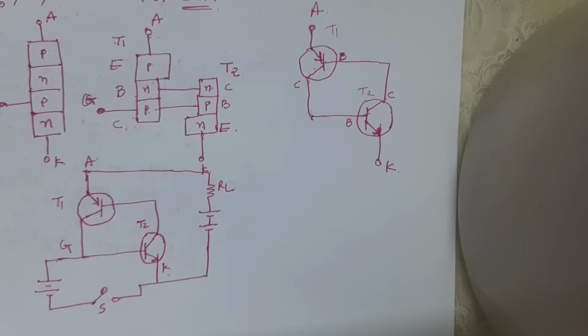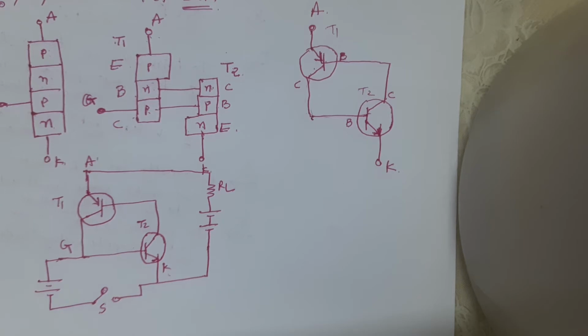However, if switch S is closed, a small gate current will flow through the base of T2, which means its collector current will increase. The collector current of T2 is the base current of T1. Therefore, the collector current of T1 increases. But the collector current of T1 is the base current of T2.